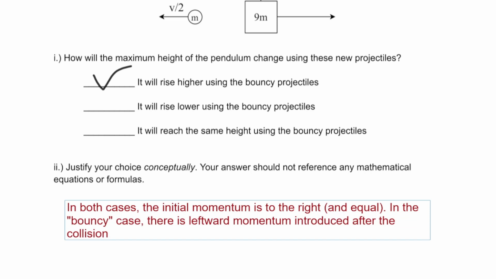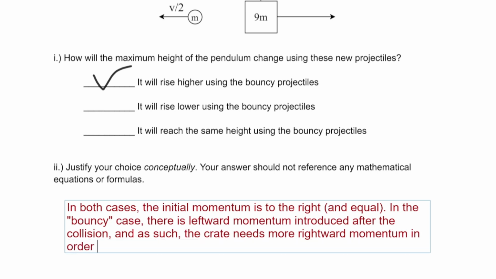And as such, the crate needs more rightward momentum in order for conservation of momentum to hold.